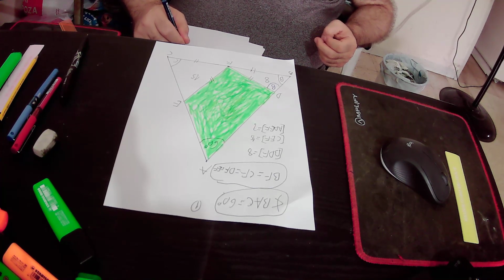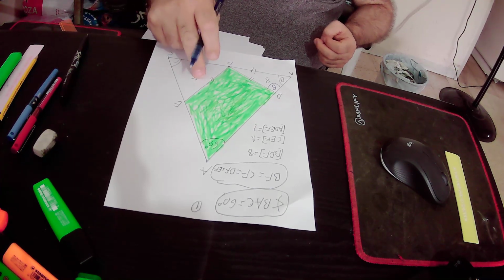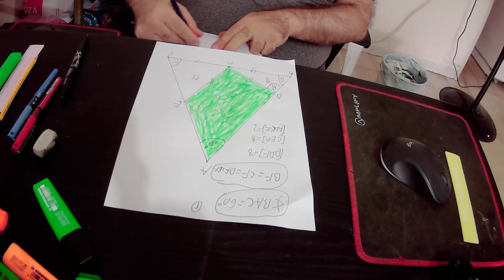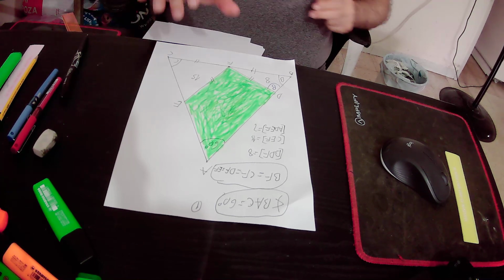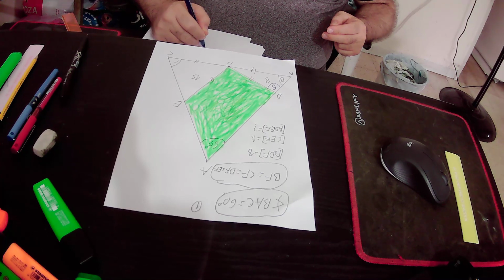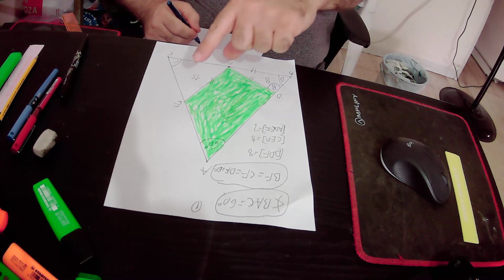And also in triangle FEC, this triangle, we know that FC equals FE. It is given in the question that FC equals FE.